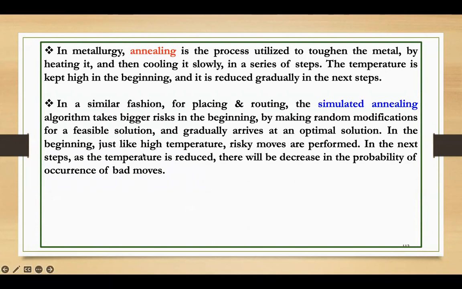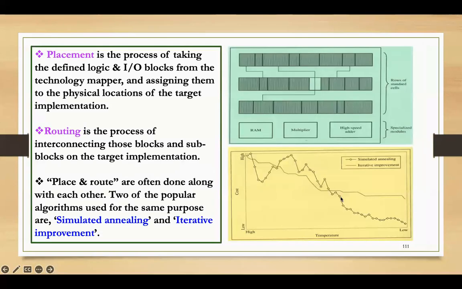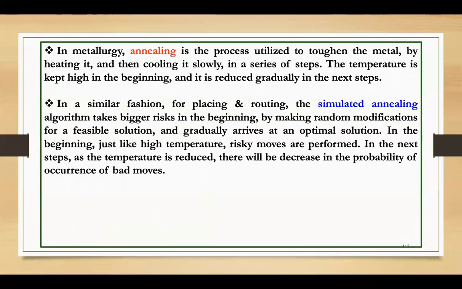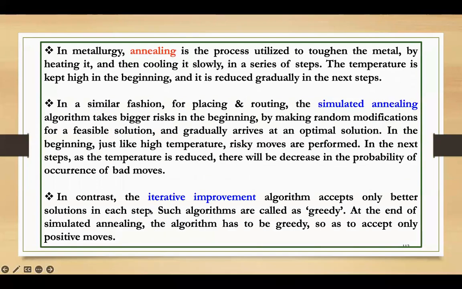In the beginning, just like high temperature, risky moves are performed. In the next steps, as temperature is reduced, there will be a decrease in probability of occurrence of bad moves. So that is what we saw here, right? As the temperature decreases, the cost is also going to reduce and it's going to perform better. In contrast, the iterative improvement algorithm accepts only better solutions in each step.